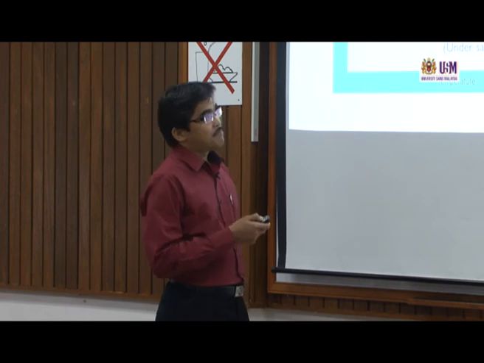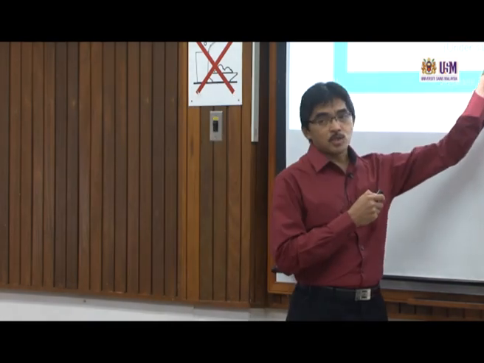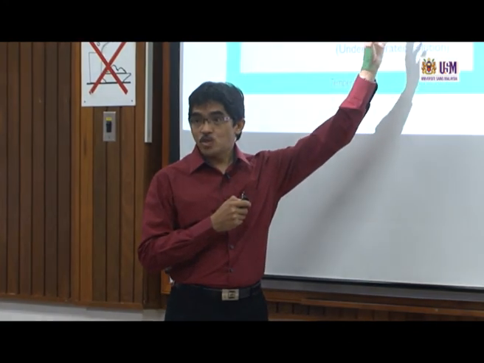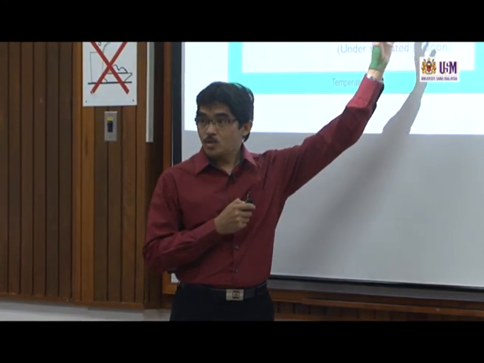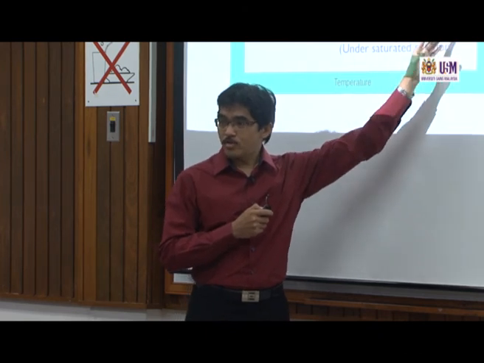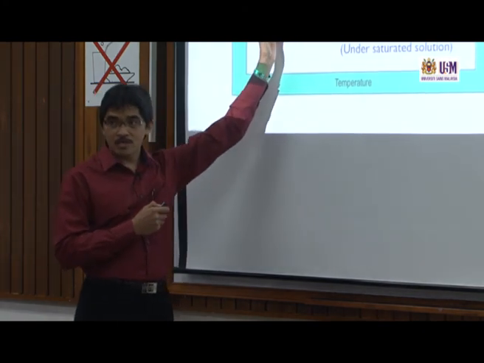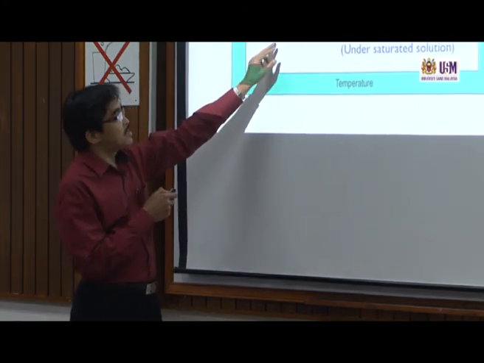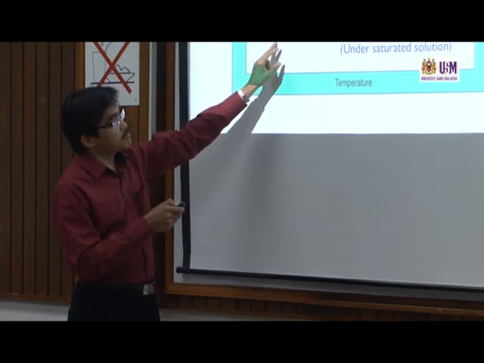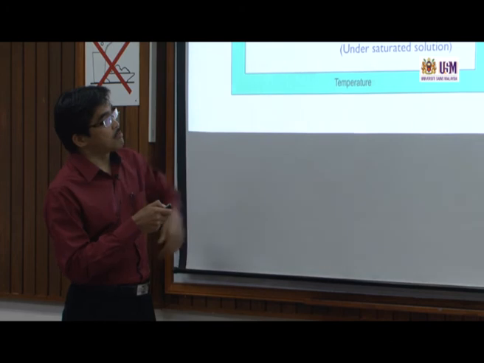The reason is that at high temperature, the solvent can take up and solubilize more sugar. At higher temperature, more solute, more sugar can dissolve. At lower temperature, less sugar can dissolve.